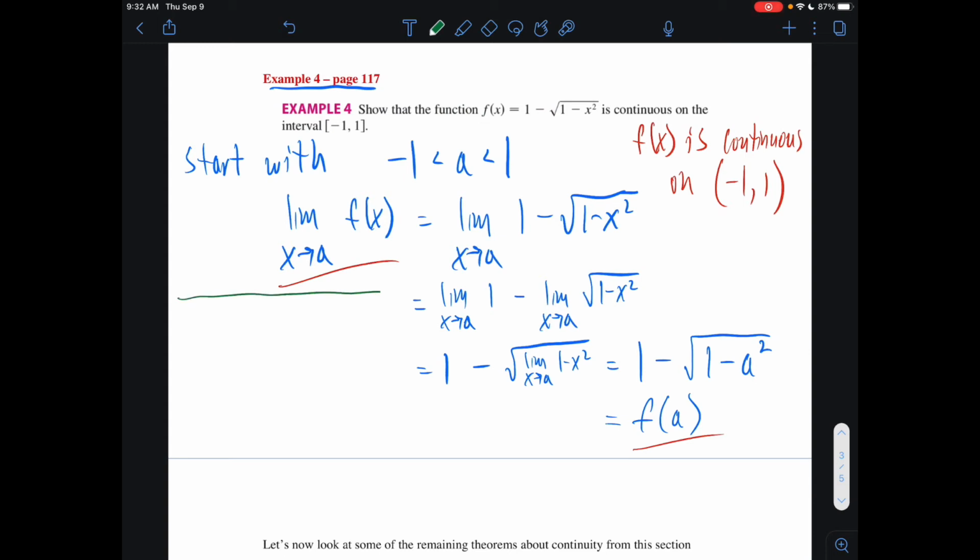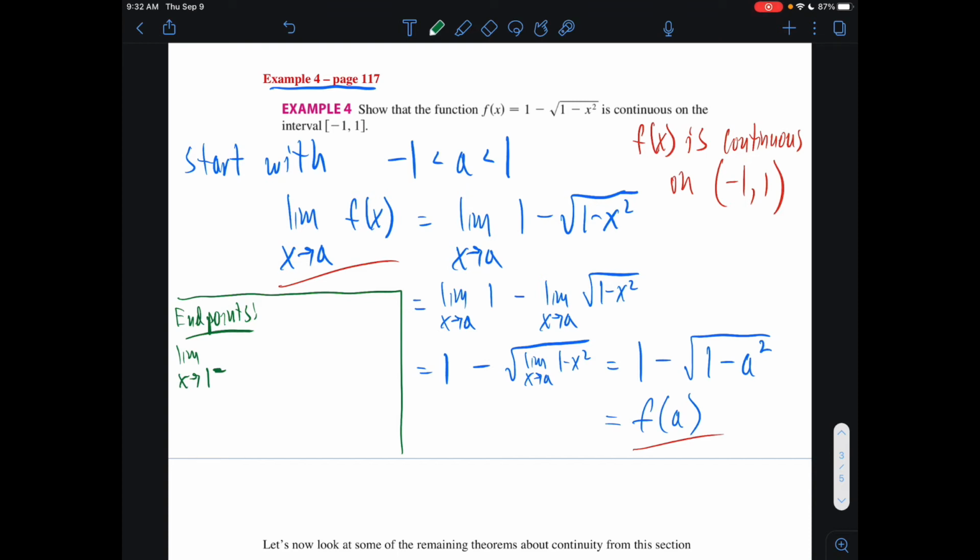So if we want to look at the endpoints, this is more specific. We're not using a. We're just saying the limit as x approaches, say, 1 from, or actually that should be from the left, because +1 is the rightmost number in the interval, so I would be approaching that from the left.